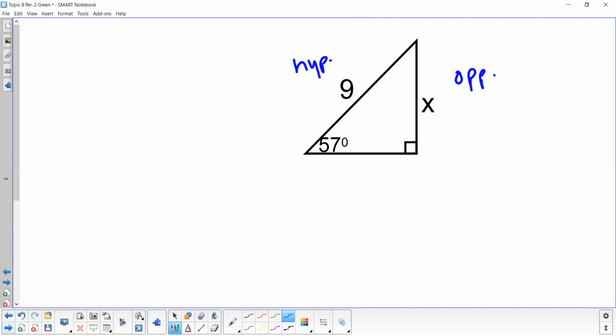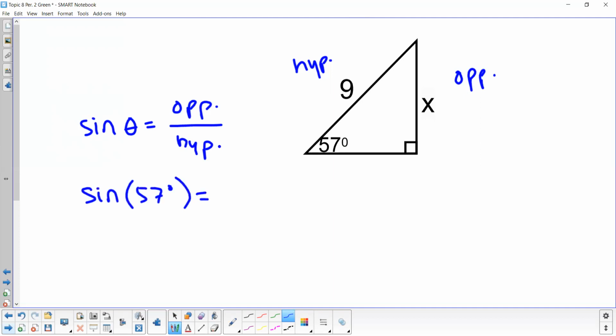Sine, yeah. So I'm going to say that sine of theta equals opposite over hypotenuse. And let's just plug in what we've got. Sine of 57 degrees. Our opposite side is x. Hypotenuse is 9.